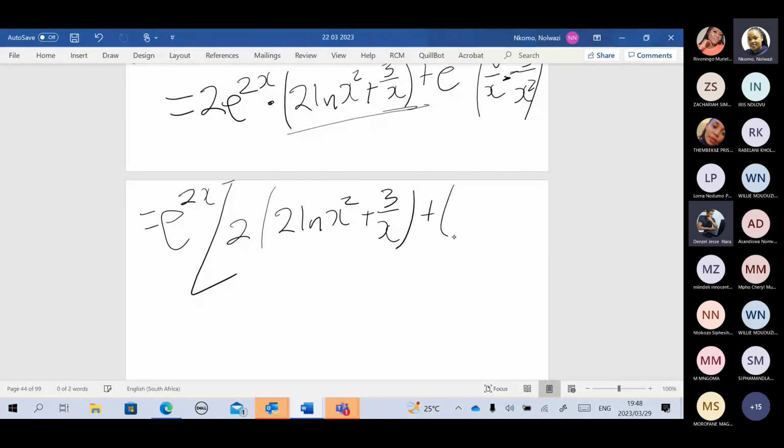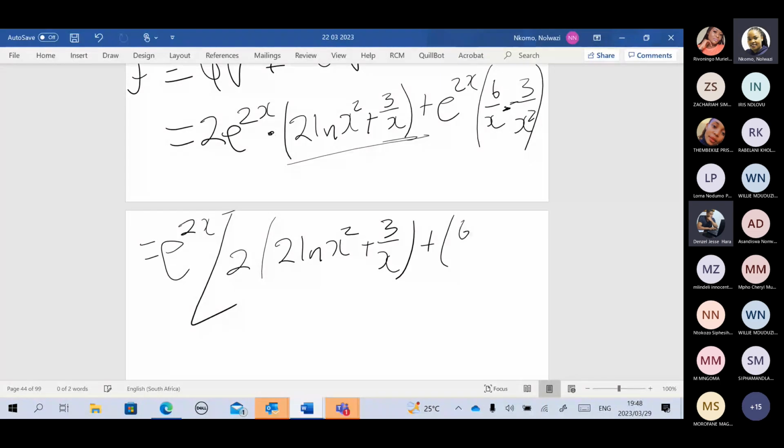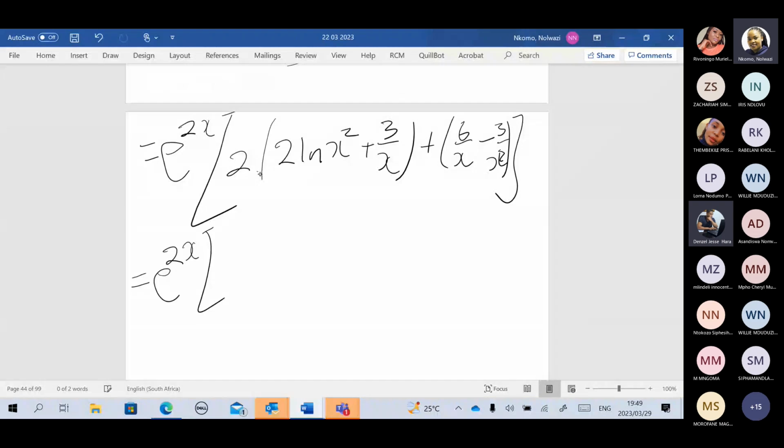I think we can still simplify better. And you'll have e to the power 2x times this, and 2 times this. This will give you 4 ln x cubed plus 6 over x, right? Plus the bracket, it's 6 over x, right?